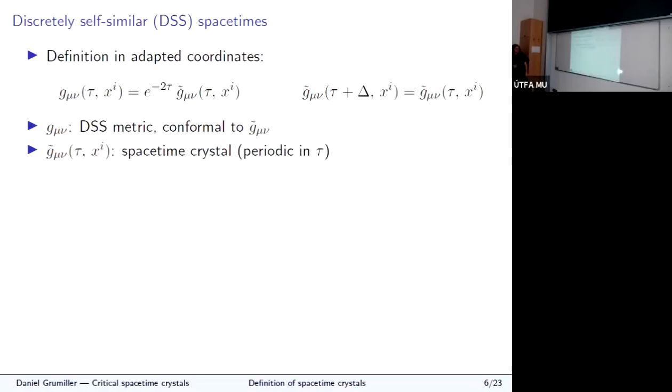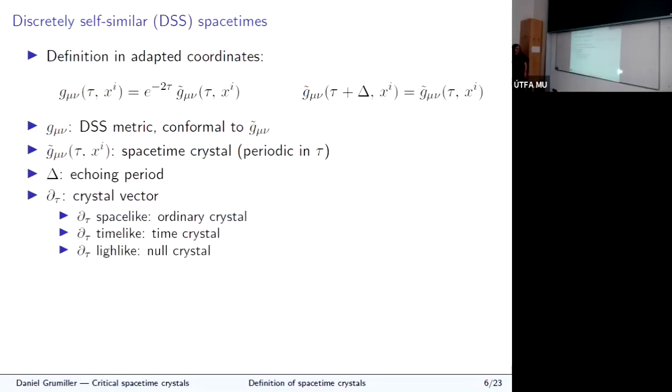And this metric g tilde is a spacetime crystal in the sense that it's periodic in this coordinate tau with periodicity delta. And delta is known as the period. The assumed vector field in tau, the crystal vector, can be either space-like, then we will have an ordinary crystal, or it can be time-like, or it can be null.